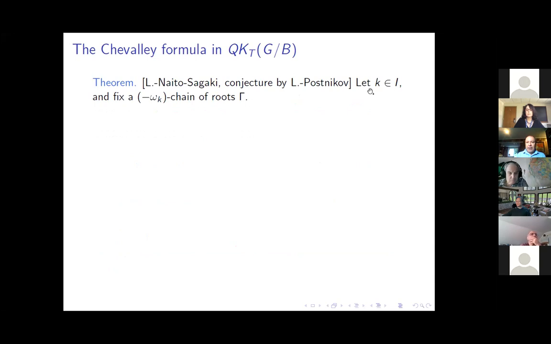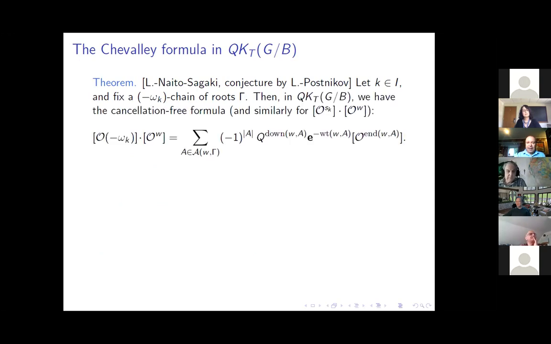So here we need to choose a simple root indexed by K and to fix a negative omega K chain of roots gamma. So omega K is the kth fundamental one.